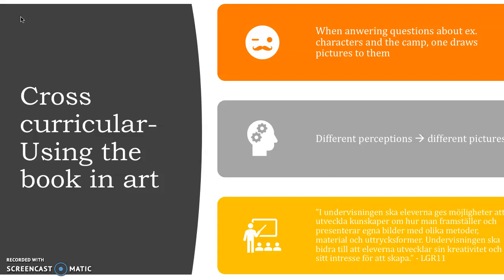The book connects to the aim of art since it gives the pupils the opportunity to develop and present their own drawings using different methods. Ellis and Brewster explain how variation will appeal to learners with different qualities.